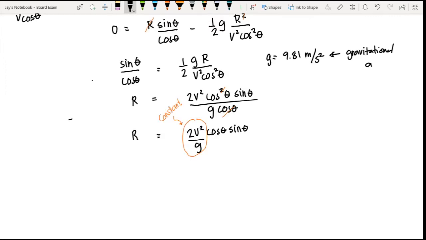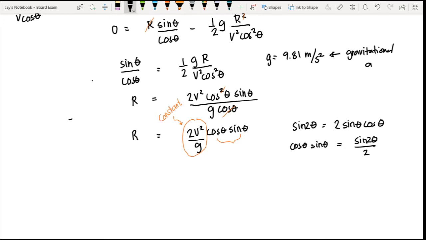Now take note, we can simplify this cosine theta sine theta here into a single trigonometric identity. We have the double angle formula, that is sine 2 theta is equal to 2 sine theta cosine theta. But in this case, since we have only cosine theta sine theta, we can say that this equals sine 2 theta over 2.